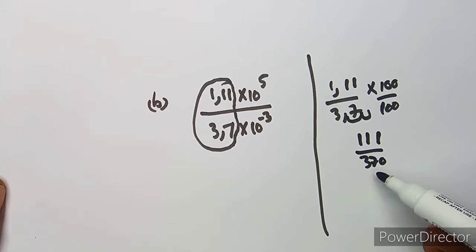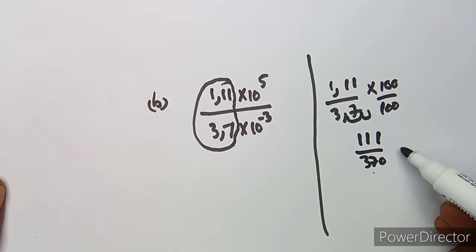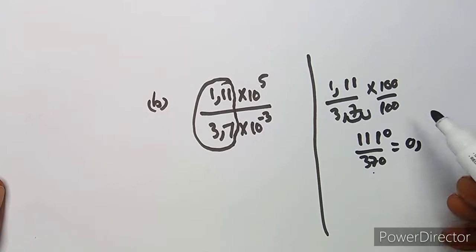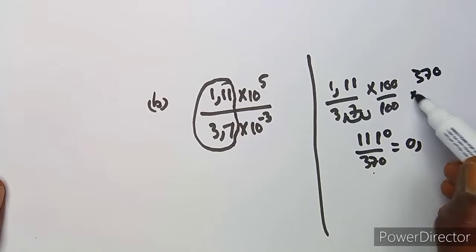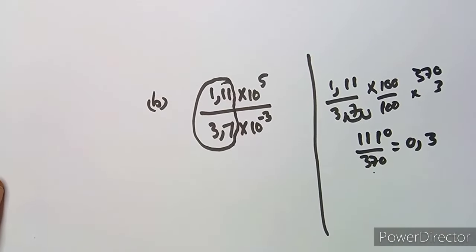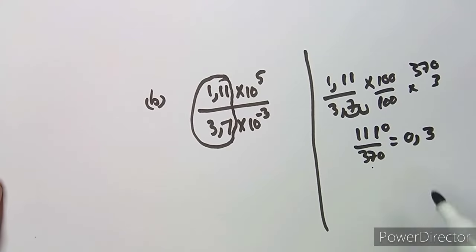So if we divide, guys, 370 into 111, you are going to obtain 0.3, since 370 times 3 gives you 1110. So by just working these two, we are having 0.3.